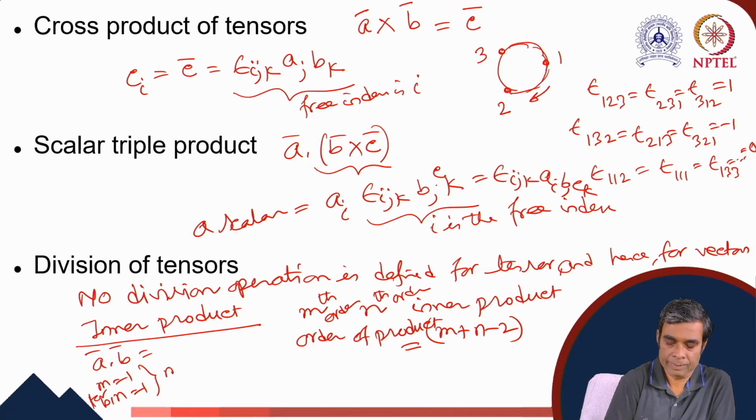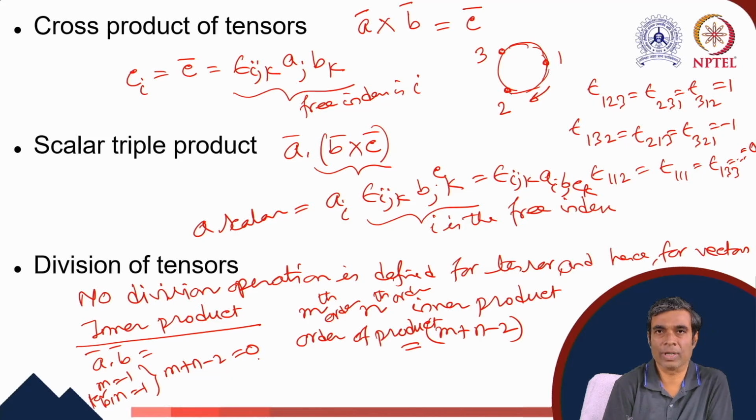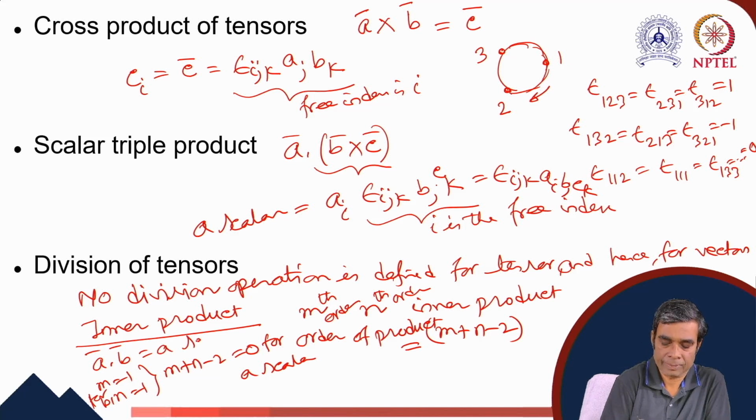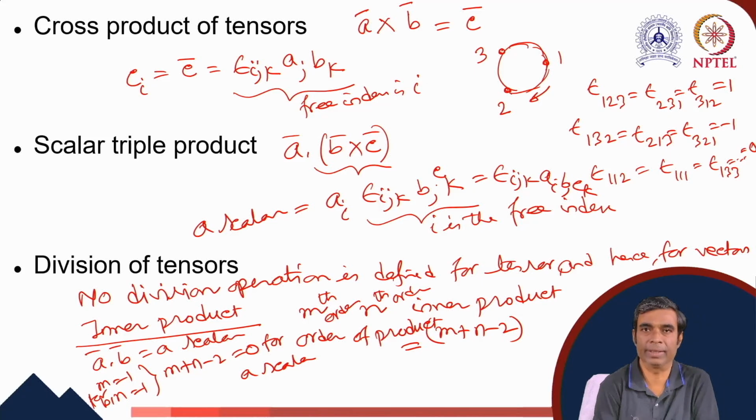So m plus n minus 2 equals 0, and we get a 0th order tensor, or a scalar. So A dot B is a scalar, which is a 0th order tensor, and it comes according to the expectation given by the m plus n minus 2 formula.